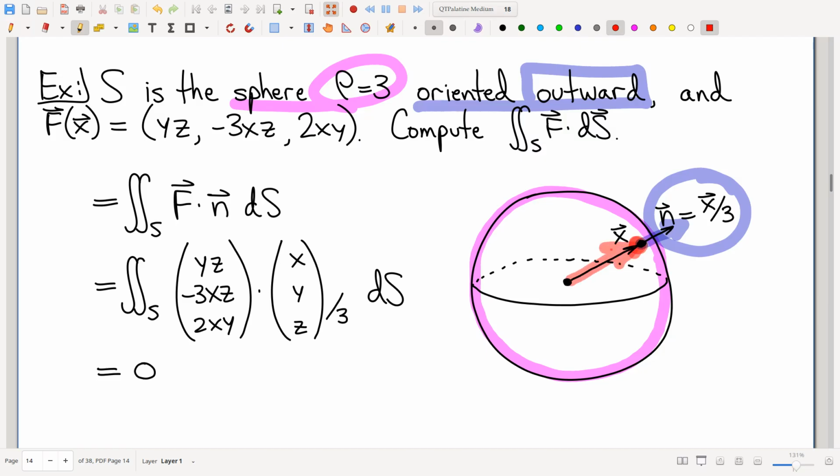Again, you got to love spheres. One of their many wonderful symmetries is that the normal vector is parallel to the position vector. It's awesome geometry for spheres. So something to keep a lookout for.